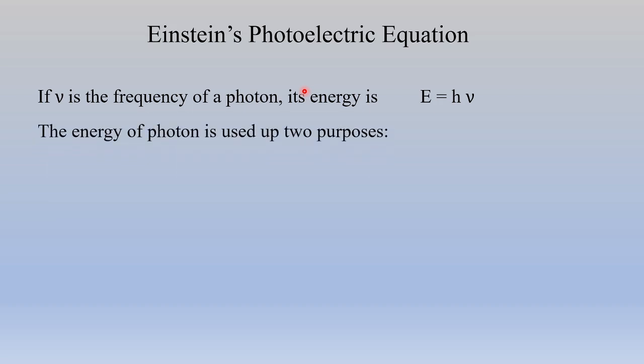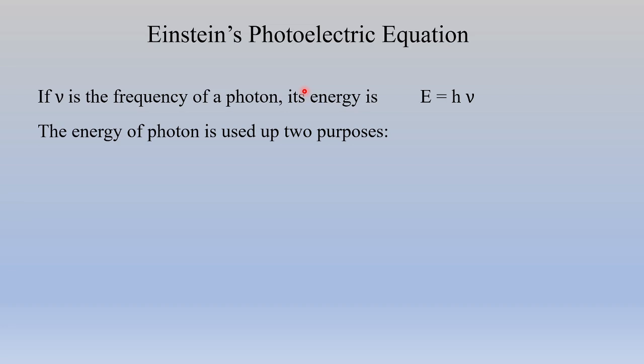The first, important one is that some part of the energy of the incident photon is utilized to liberate the electrons. As we know, the electrons are bound to the nucleus. So to eject an electron from the metal surface, we have to give some extra energy.